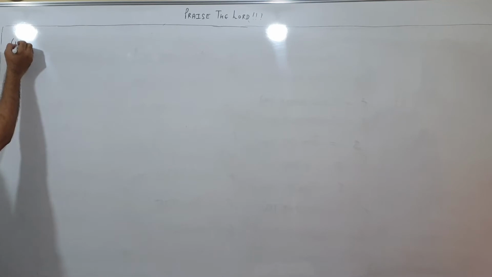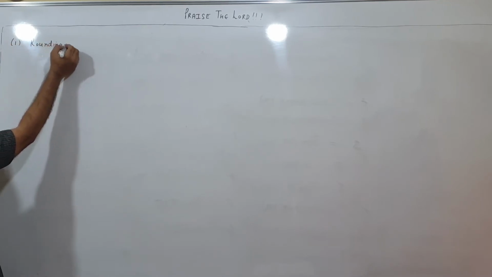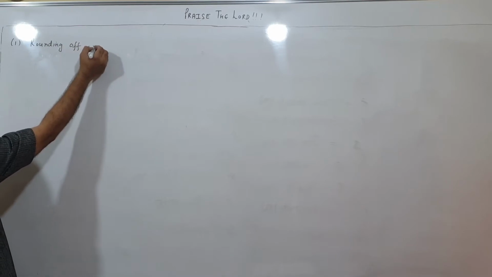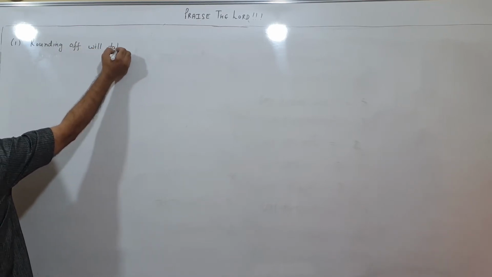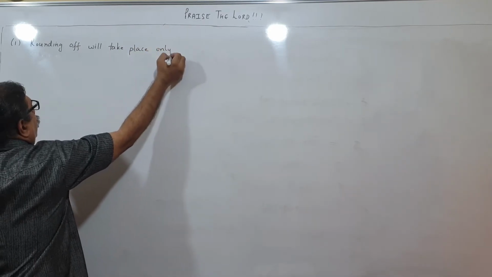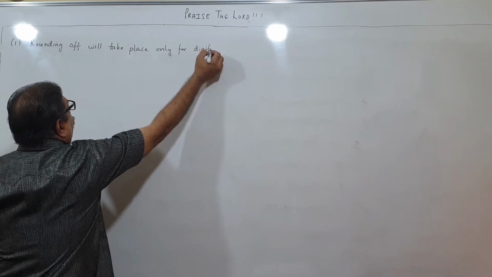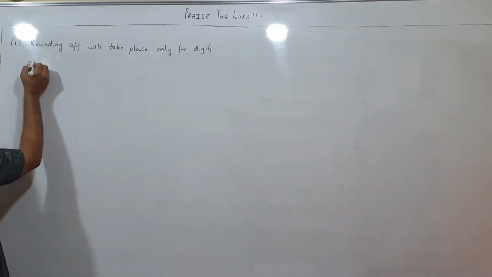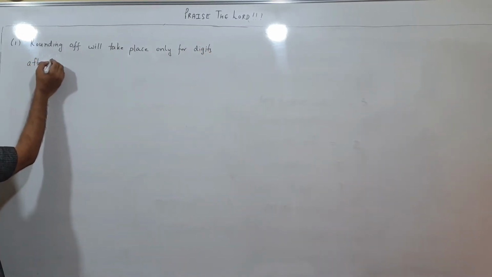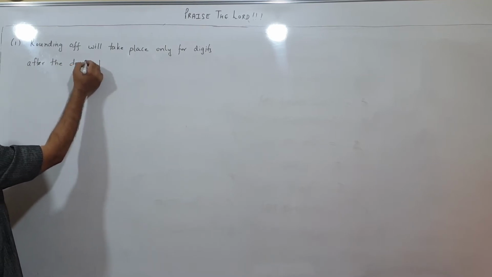First rule is rounding off will take place only for digits after the decimal point.